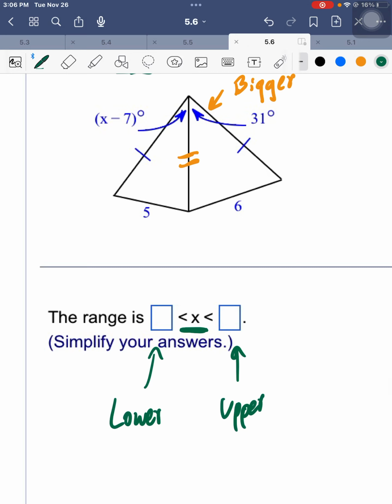So let's find out what that is. What is the biggest that this angle could be? The biggest, not including that answer, is 31. So it has to be something less than that, right?